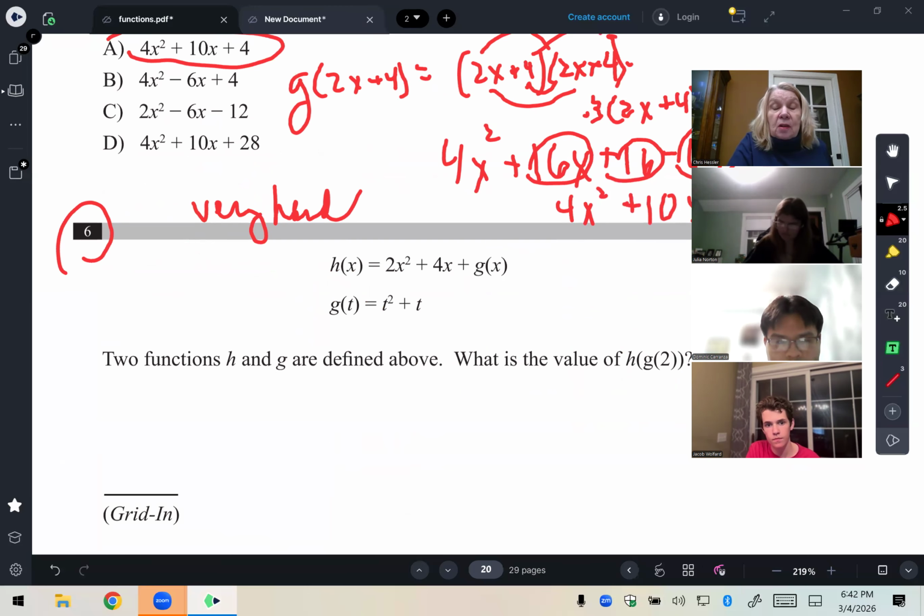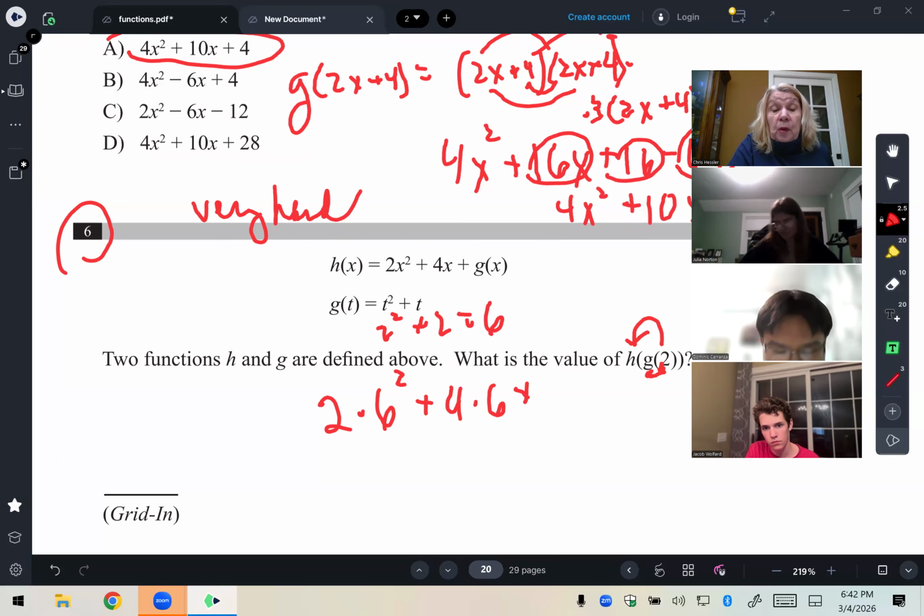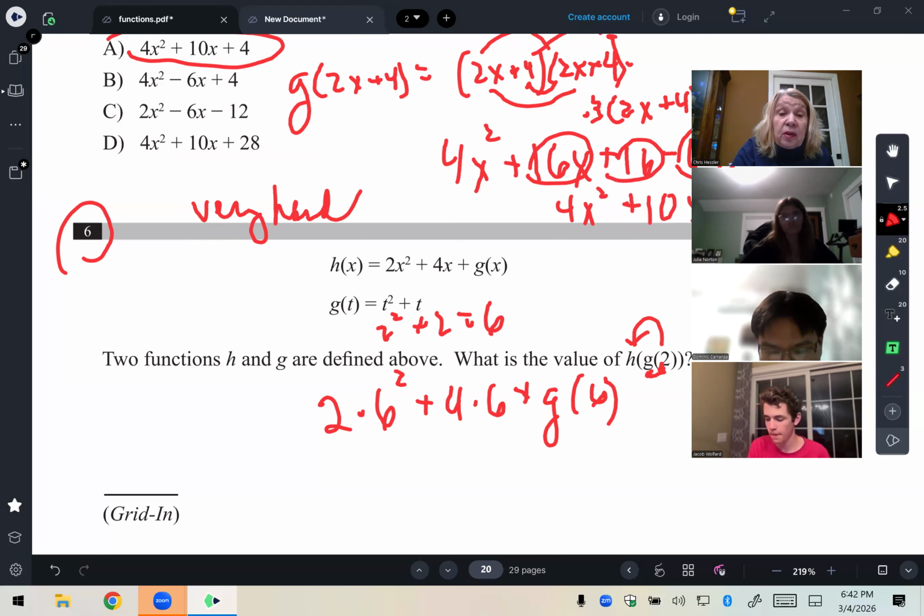Yeah. So intentionally, we're going to put 2 into the g function. So that's just going to give us 6, right? So now we're putting 6 into the h function. But problem, we have g of 6, so we have to put this 6 back into the g function.